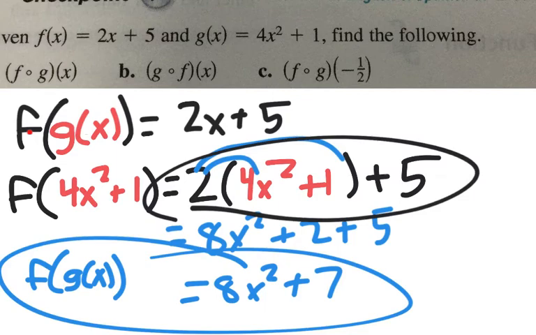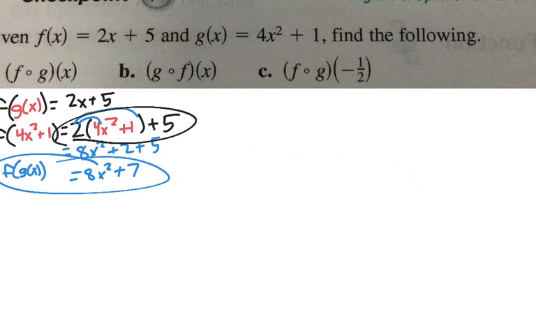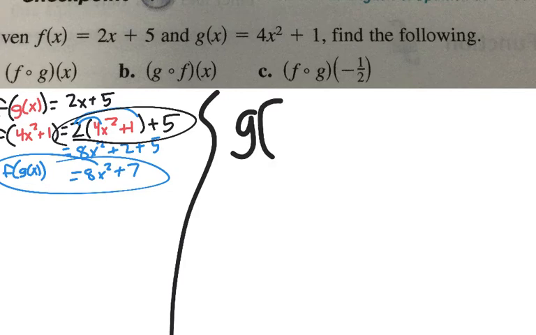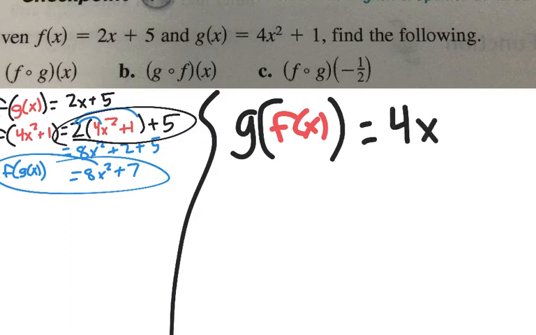All right, but questions on A? Ready to go over B? Okay, so now I'm finding g of f of x. So my function g is 4x squared plus 1.